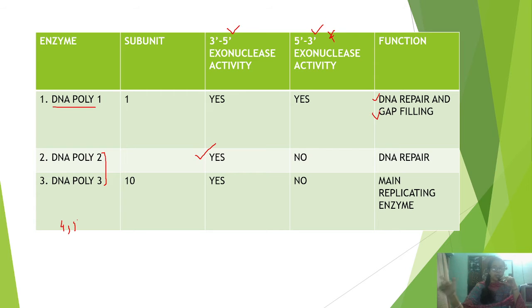DNA polymerase 2 is also responsible for DNA repair, whereas DNA polymerase 3 is mainly responsible for replication. This is to be noted down.